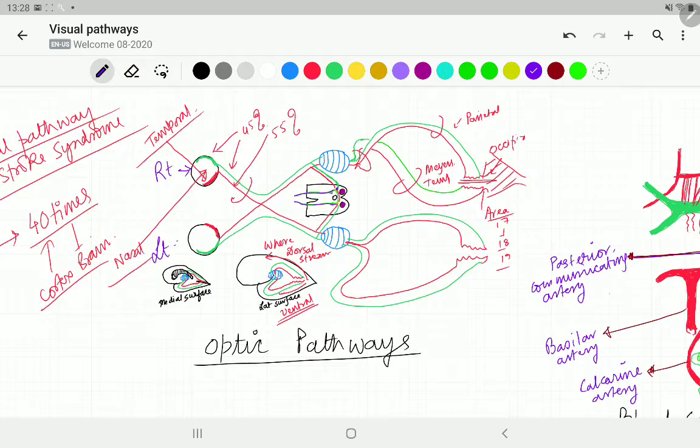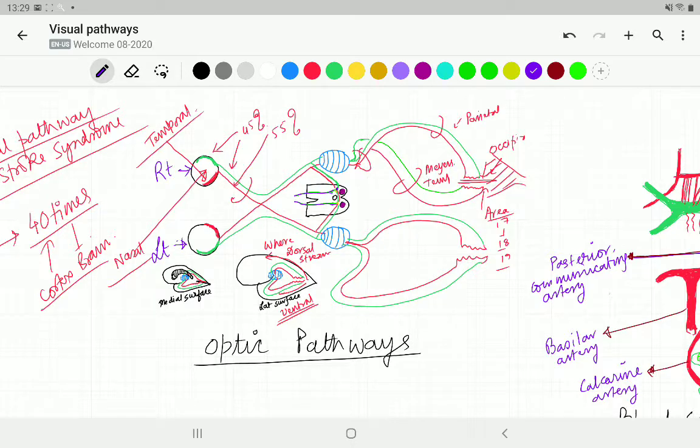At the same time, the opposite eye also constricts. The right eye, if we throw light, that is called direct light reflex, and on the opposite side there will also be constriction of the pupil. So that is called consensual light reflex, or an indirect light reflex.